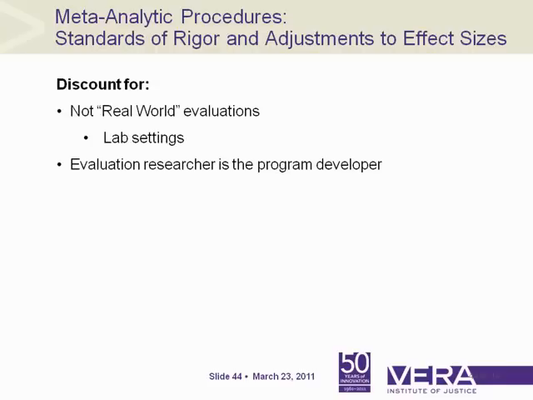Because they're the program developer, they might be more charismatic and it might not be replicable. We want to account for the fact that the developer knows the program more intimately than another person might. The second reason is that there might be a conflict of interest when the evaluation researcher is the program developer, and we want to account for that potential bias.